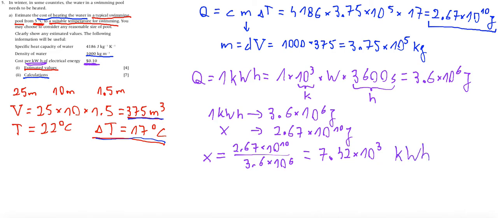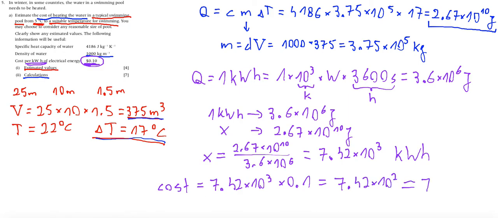And last, we know that the cost of 1 kilowatt hour is 0.1 American dollar. So total cost will be the number of kilowatt hours times the cost of 1. So finally it is 7.42 times 10 to the power of 2, or 742 American dollars.